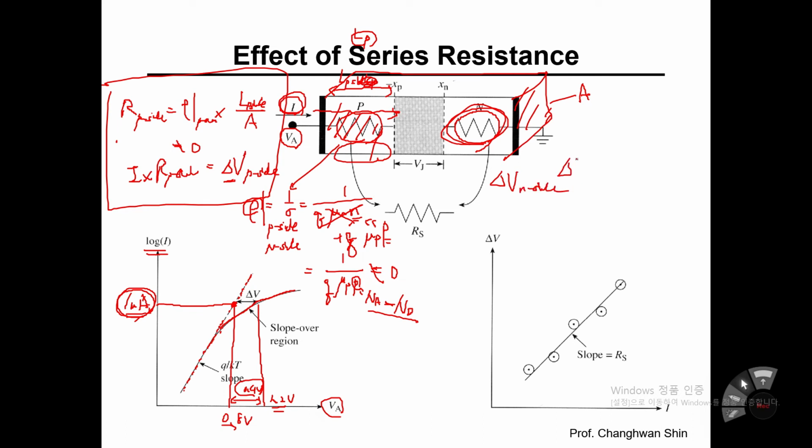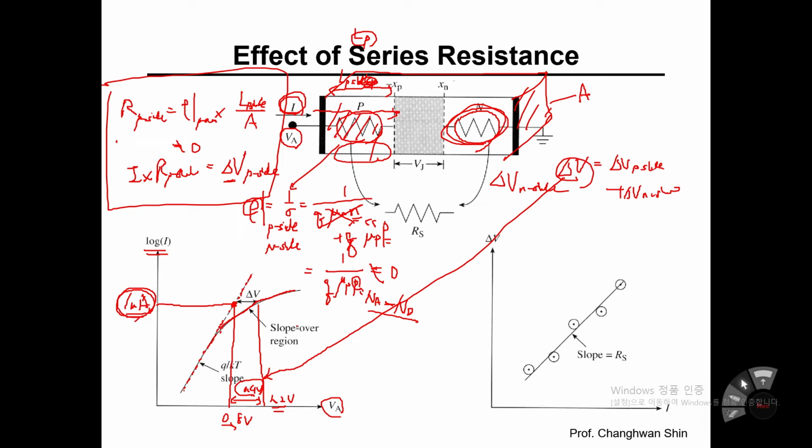And now let's sum them up. I mean, the total delta V is delta V p side plus delta V n side. And this delta V corresponds to this 0.4 volt. Okay, so if your PN junction diode is really perfect and ideal, then this delta V value should be 0.